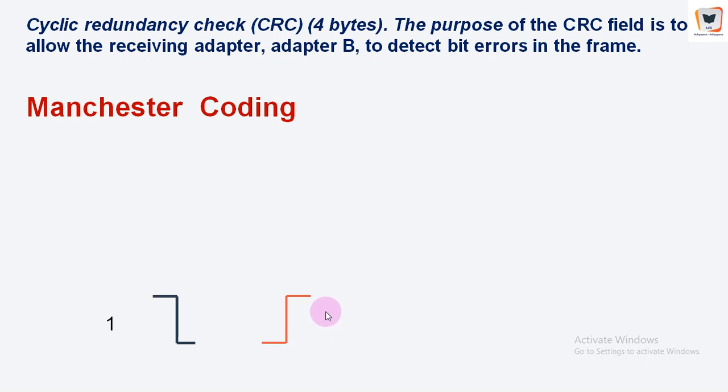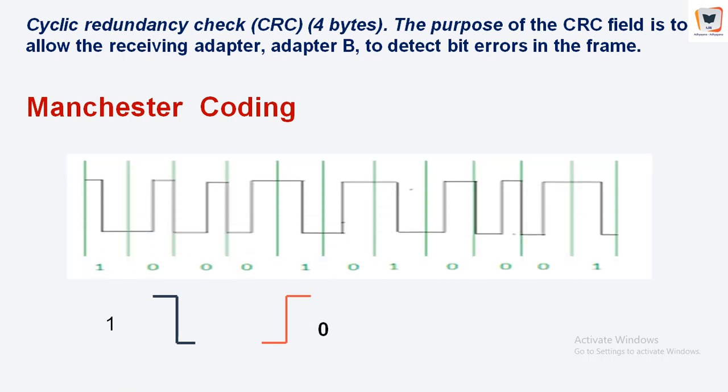The reason for Manchester encoding is that the clocks in the sending and receiving adapters are not perfectly synchronized. By including a transition in the middle of each bit, the receiving host can synchronize its clock to that of the sending host, and the receiver will be able to guess what is the bit that is coming, what is the bit that is preceding a particular bit.